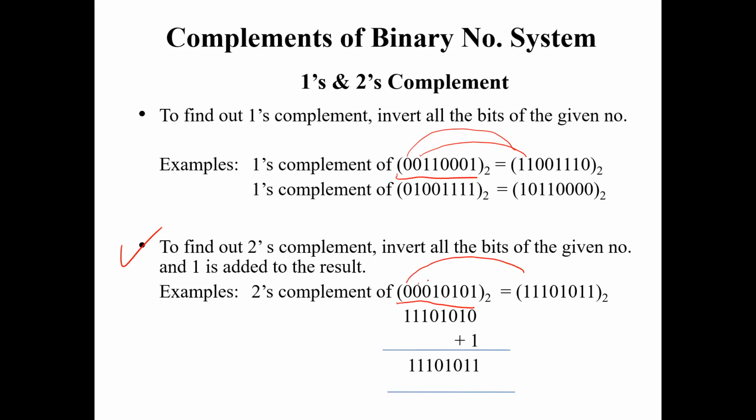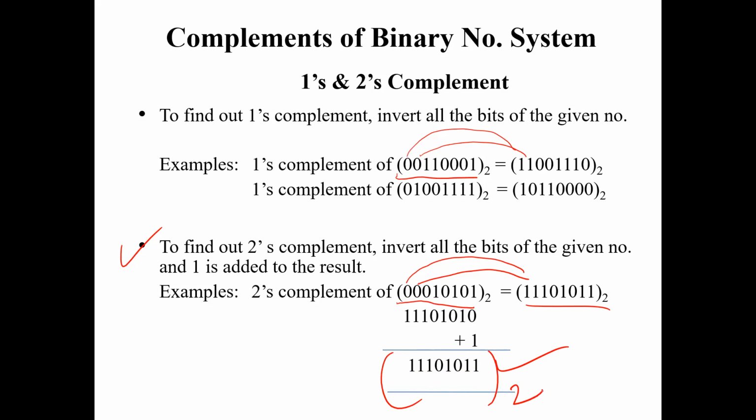First of all, you will find the ones complement of the number. So the ones complement will be 111101011. Then after finding this ones complement, just add 1 to the result. So the required twos complement will be 1111011 to the base 2. This will be your twos complement.